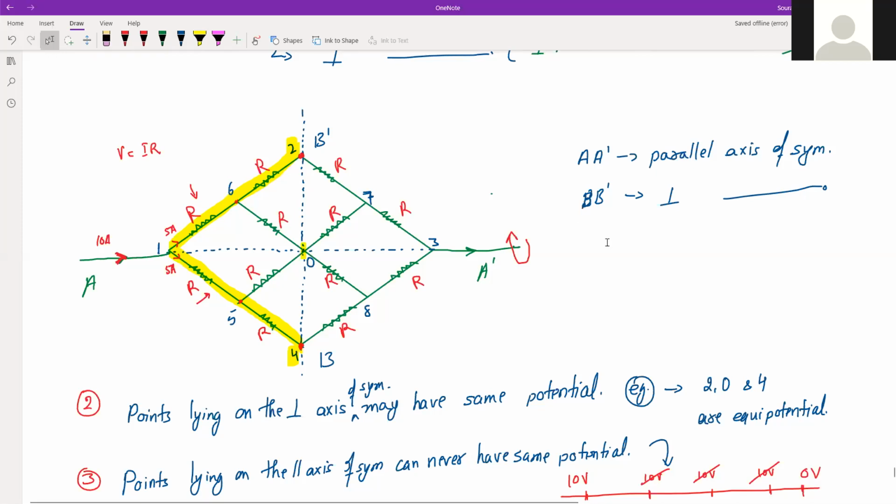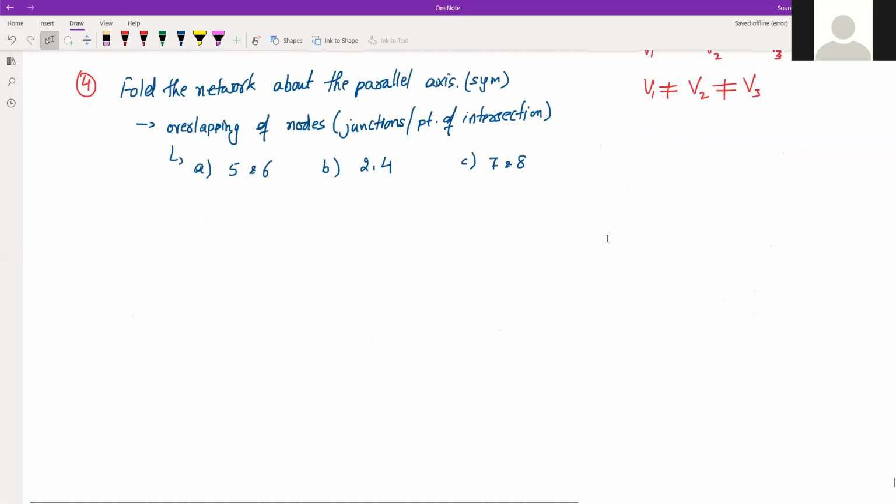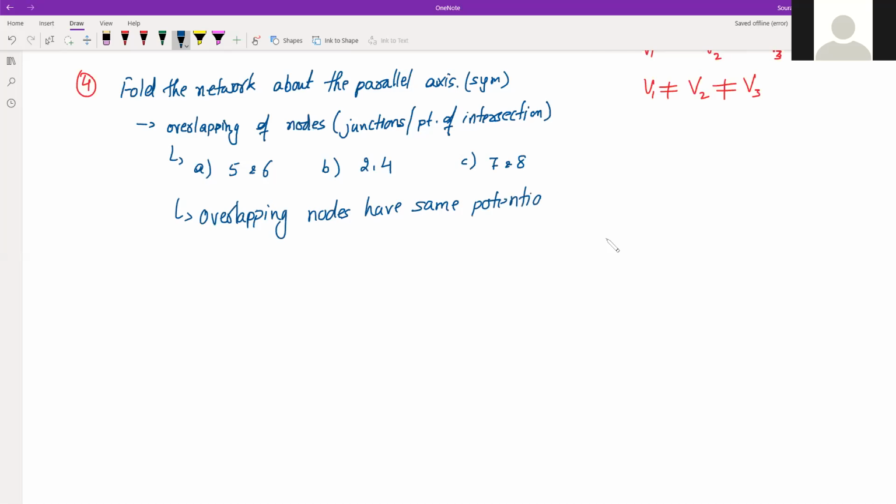And the overlapping nodes, there will be overlapping of nodes, and these overlapping nodes have same potential. So they must have same potential.